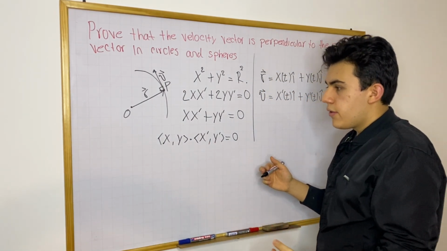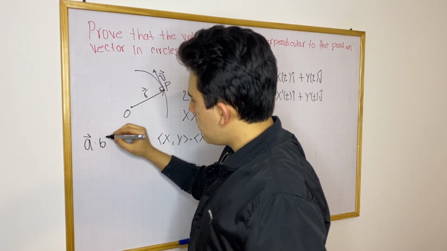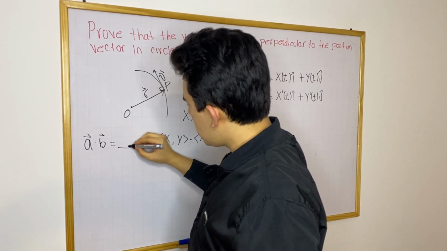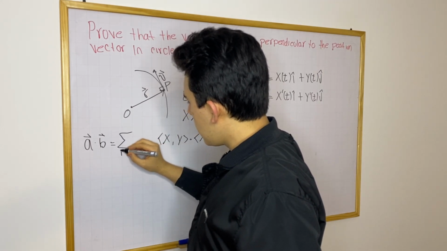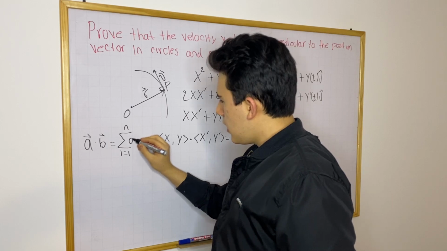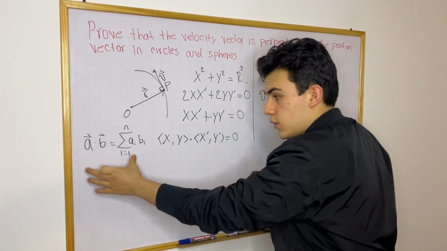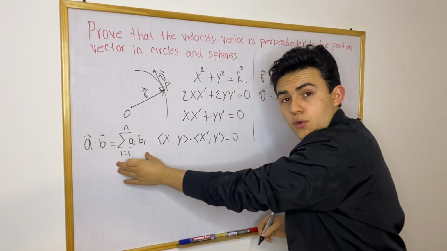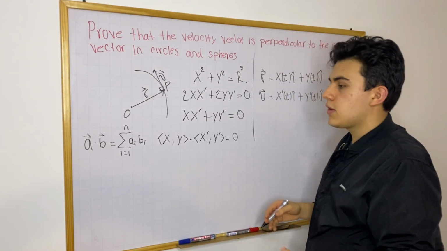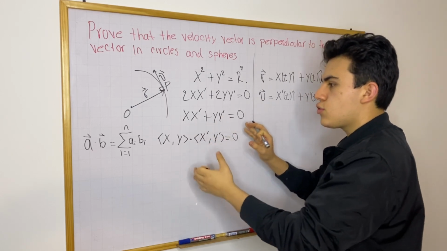Notice, remember, there's a formula for a dot product. Real quick, a dot b, you can solve this by adding, from i equals 1 up to n, if you have n components, all the a_i b_i. This is the formula for the dot product. If we use this formula, multiplying all the components and adding them up, we're going to get that these equations are true because of this.